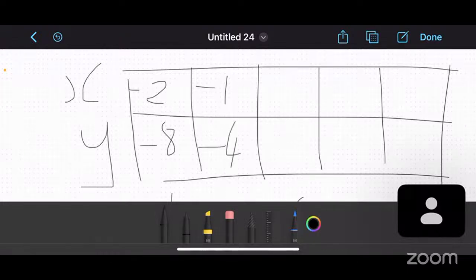And then next to the -1, you write 0, and you also write 0 underneath the 0. Next to the 0, you write 1, and that gives you 4.